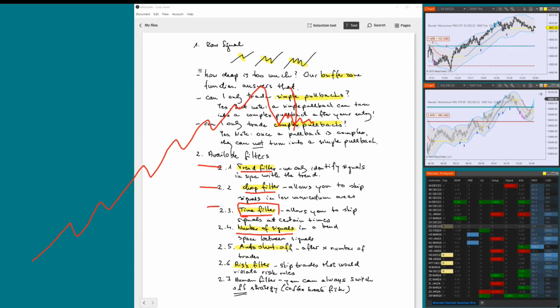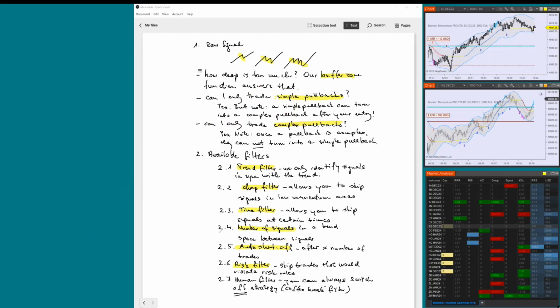Now that there's a little lag in there. However, with number of signals, there's no lag, because if you decide that you only want to take 2, 3, and 4, or maybe 2, 3, 4, 5, and you're not interested in more signals in the same trend, then you can simply define the number of signals you are willing to take in a trend, a maximum number of signals.